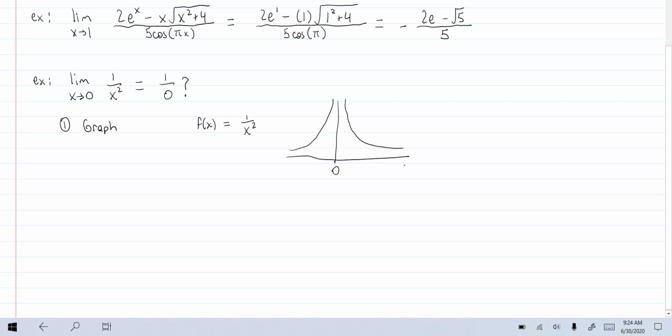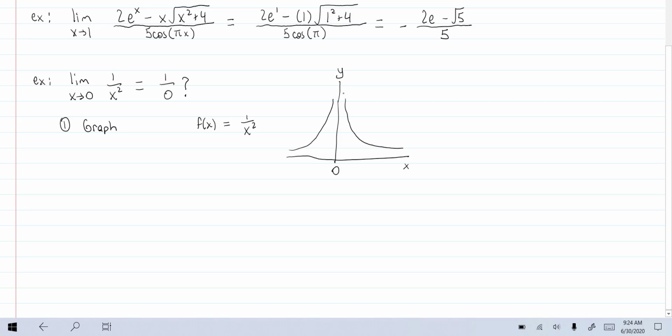And when we look at the graph, what we see is that as x is approaching 0, whether we approach 0 from the left or the right, the function is shooting upwards towards positive infinity.